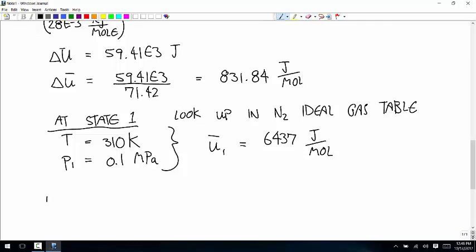Okay, so now the per mole internal energy at state 2 is 6437 plus the change, so plus 831.84. So I'll call that 7269 joules per mole.